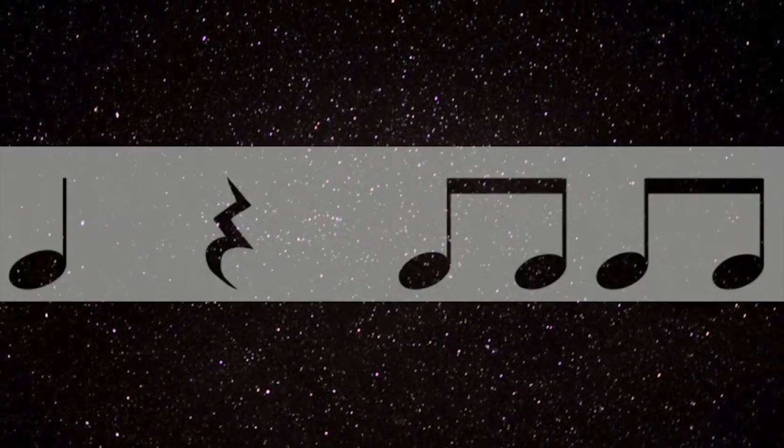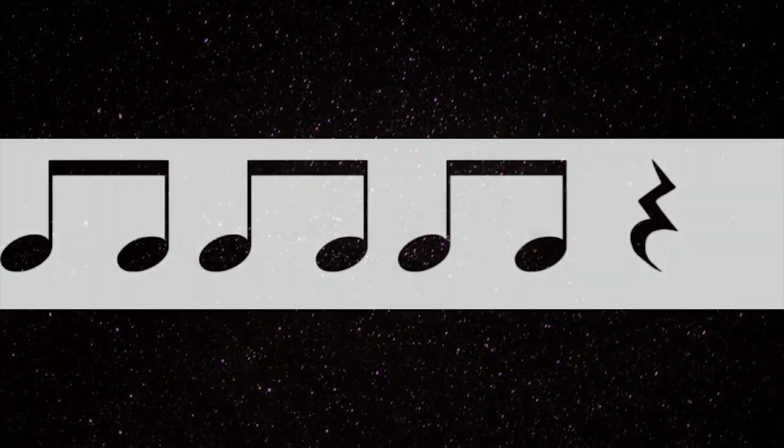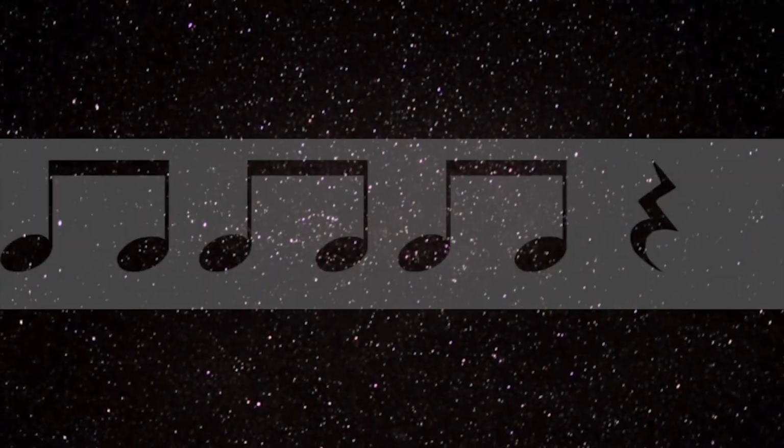Nice work. This one ready, here we go. 1, 2, and 3, 4. Excellent. Next one ready? 1 and 2 and 3 and. Awesome. One more. 1 and 2, 3 and 4. You did it.